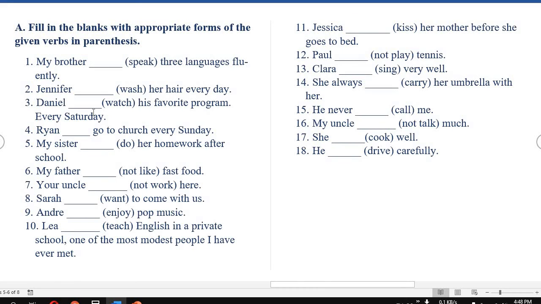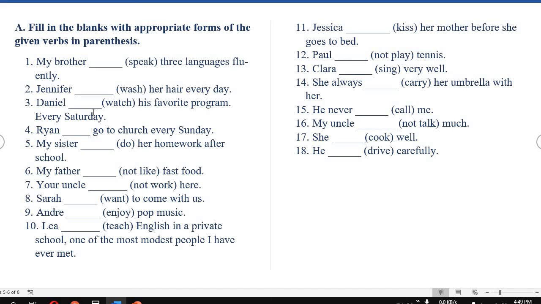Okay, so let's try. My brother dash speak 3 languages fluently. My brother.